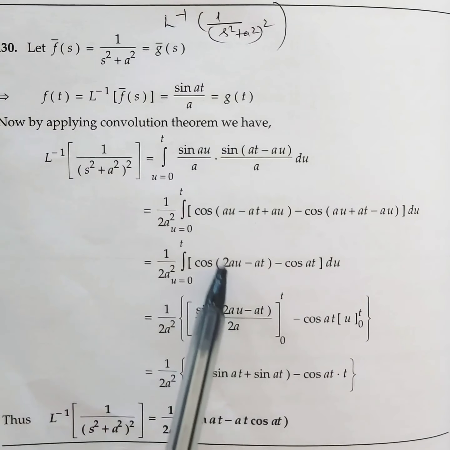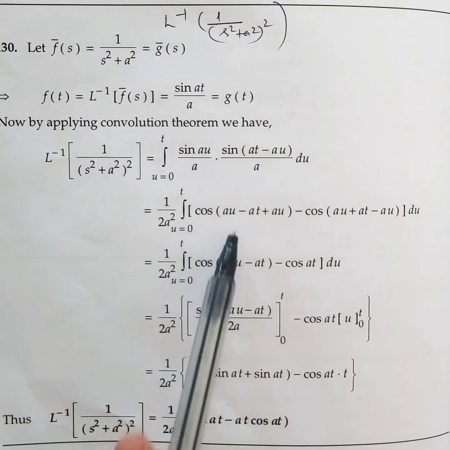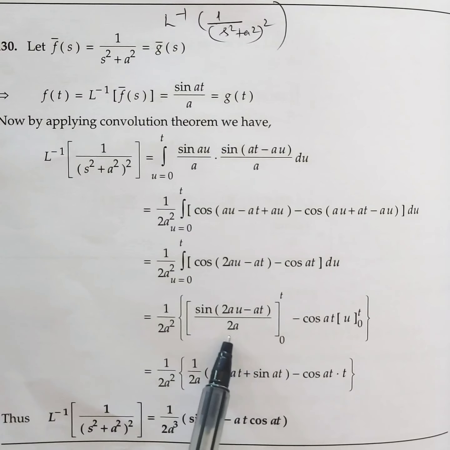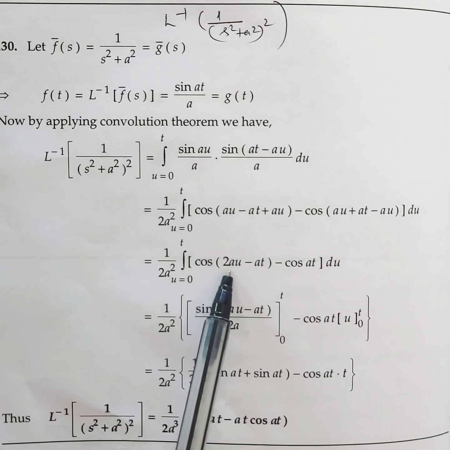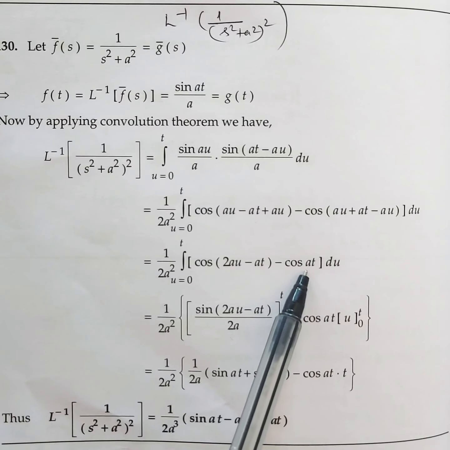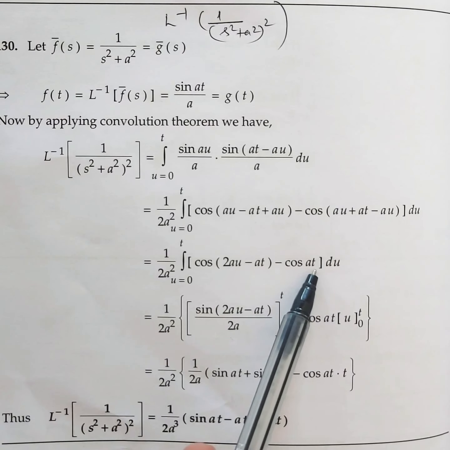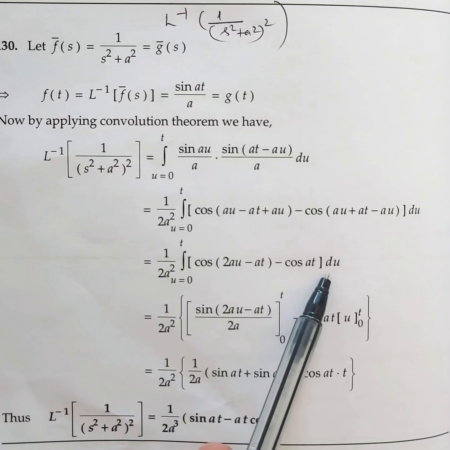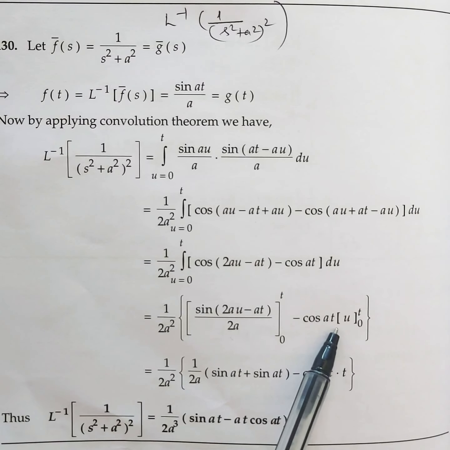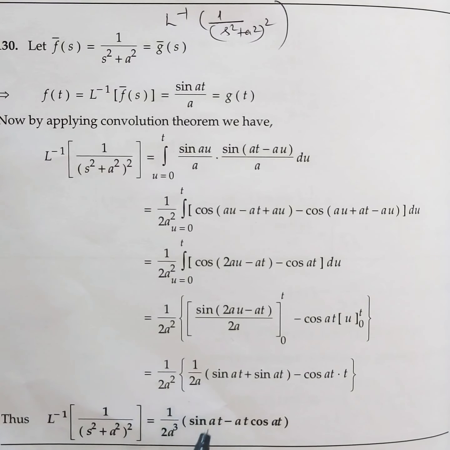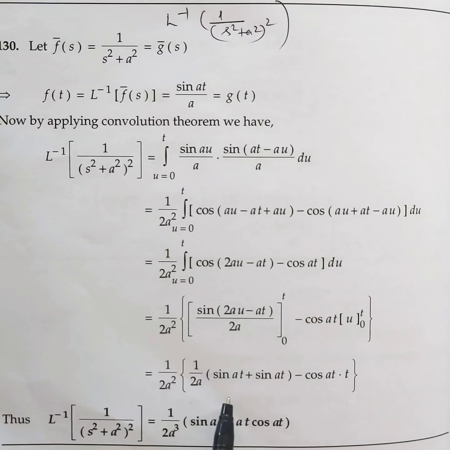Simplifying, writing au and au together as 2au, and then when you integrate cos of this term divided by the constant, integrating with respect to u, here the constant is 2a, that is coming in the denominator, minus cos at. We are integrating with respect to u, so cos at is just a constant. So du, if you integrate you will get u, and the limit is 0 to t. This is a very simple problem, you can understand the concept easily. And then by simplifying we get this term, that is the solution.